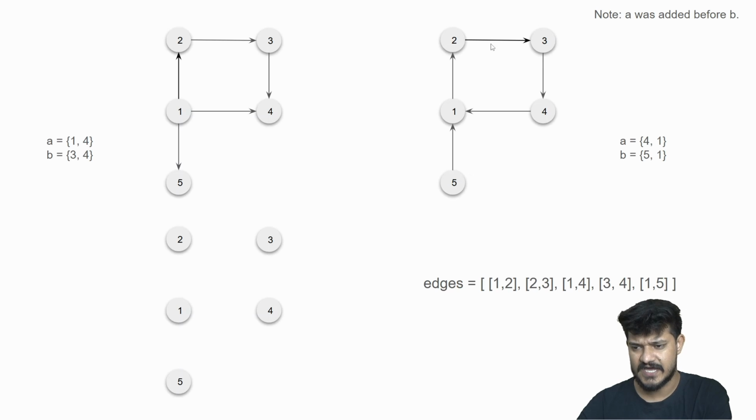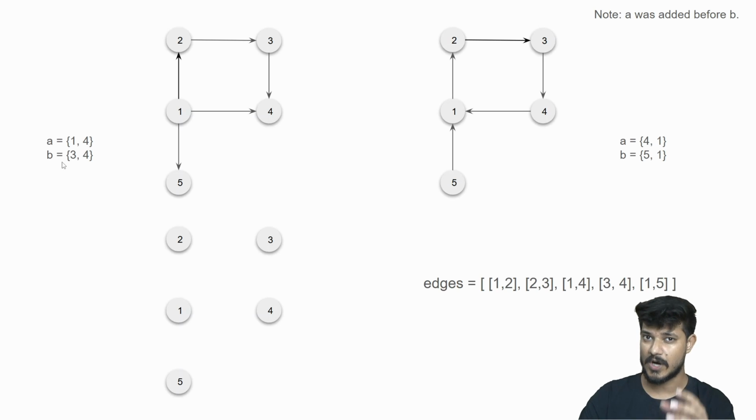So in such scenarios, like in this example, the edge which was added later would be the one which, when you remove it, creates an issue. So in such scenarios, we will not use B. So we'll process the edge list without using B.